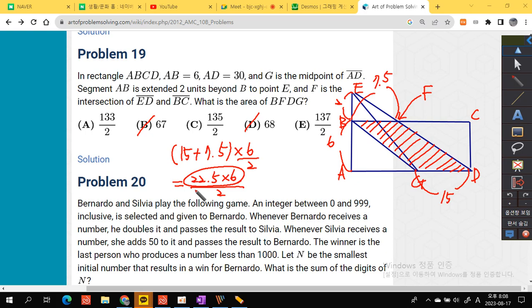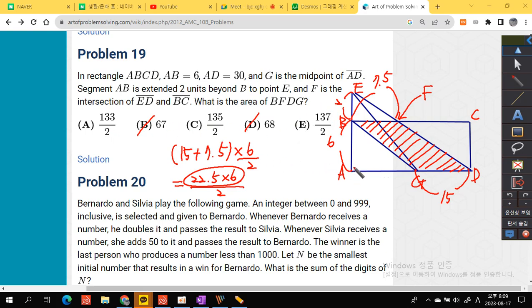Yep, multiply this 22.5 and 6. 22.5 times 6 is 67.5. Okay, so which one is the answer from the choices?